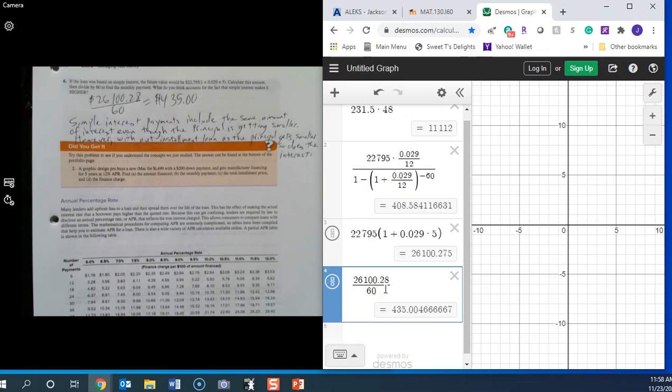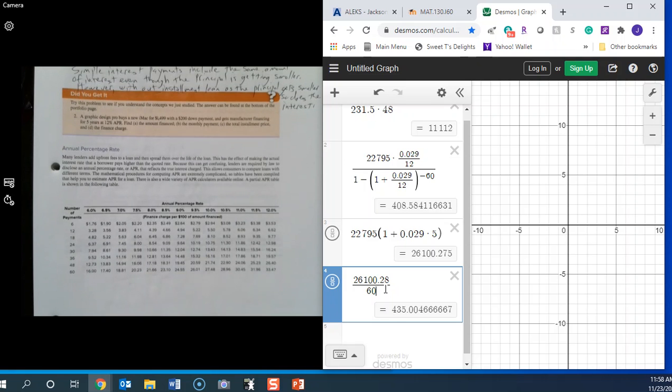All right, now we come here to the bottom of this page. We have the annual percentage rates. It says many lenders add upfront fees to a loan and then spread them over the life of the loan. This has the effect of making the actual interest rate that a borrower pays higher than the quoted rate. Because this can be confusing, lenders are required by law to disclose an annual percentage rate, or APR, that reflects the true interest charge.